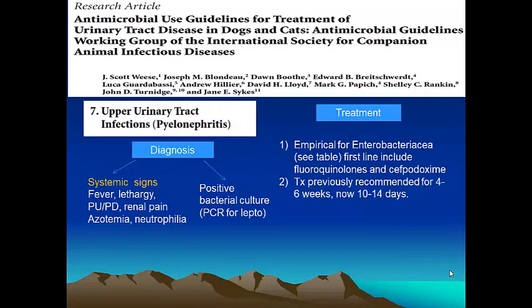So the last condition, and obviously the worst, for which you want to start giving antimicrobials right away, is pyelonephritis. This is an infection of the renal parenchyma itself. It is usually an ascending infection, although it can come from the bloodstream also.